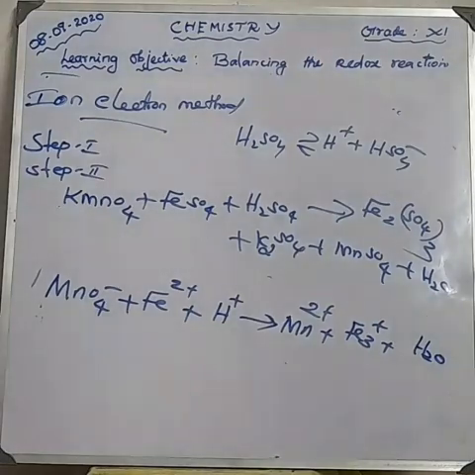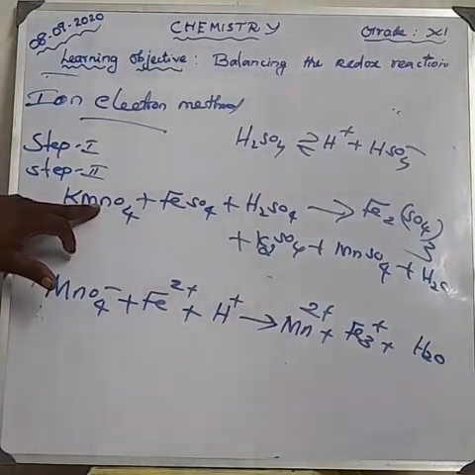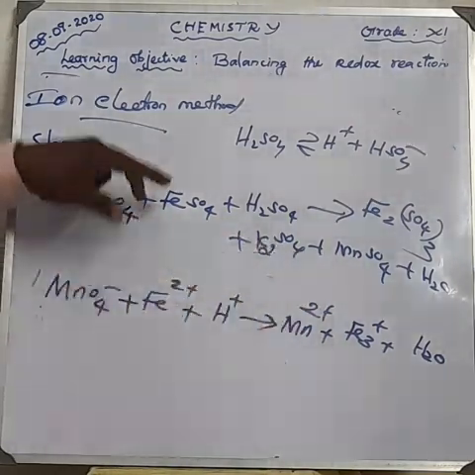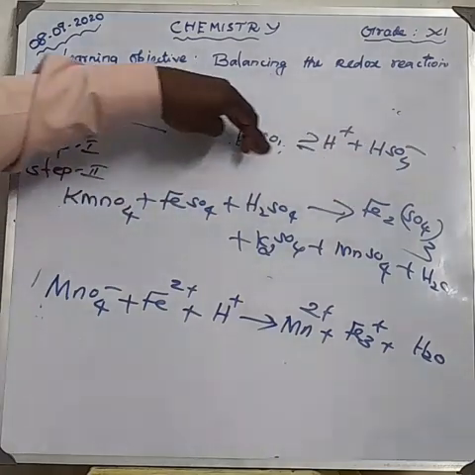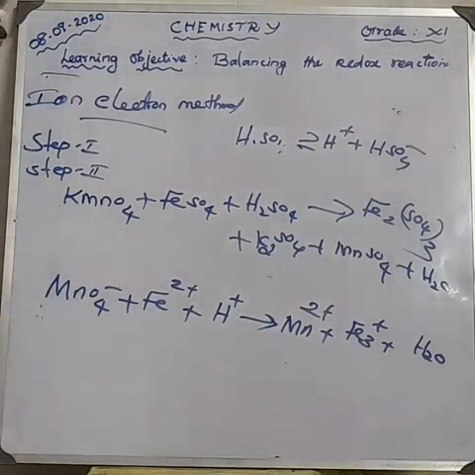What's the reason? Here we are balancing Mn with Mn sulfate, and ferrous sulfate to ferric sulfate. So the two ions only we are taking. Okay. How can you balance these reactions?